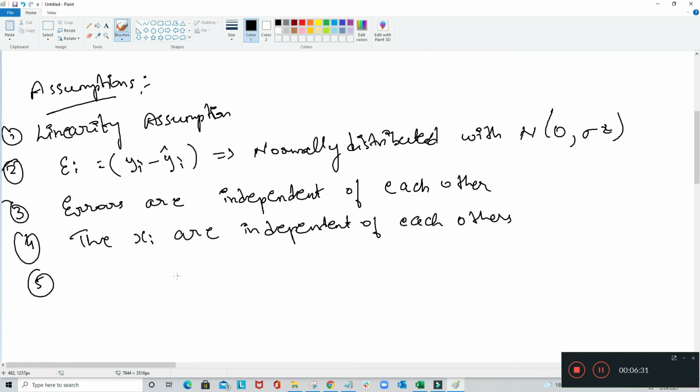The last assumption is homoscedasticity: errors should be homoscedastic. What it means is that the variance of the errors is uniform.